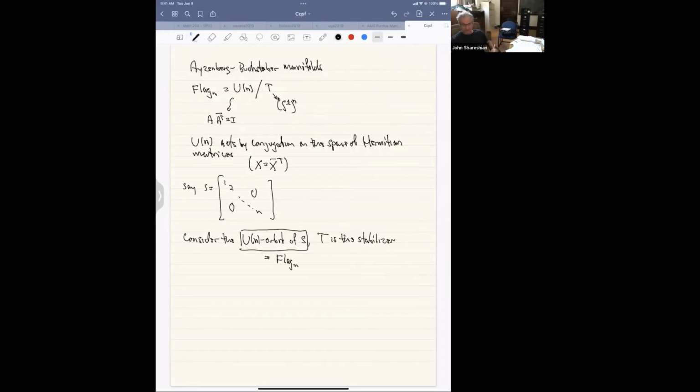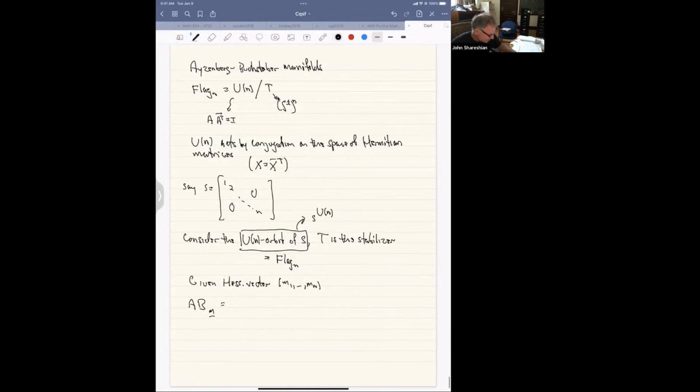So this thing here is nothing but the flag manifold. And now we want to cut things out. Let me give this a name, the orbit of S under U_n. So that's the flag manifold. Now we're given a Hessenberg vector, and I'm going to call this AB for Eisenberg-Buchstaber.